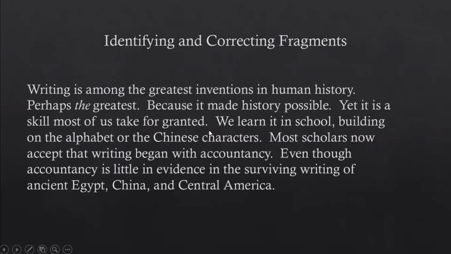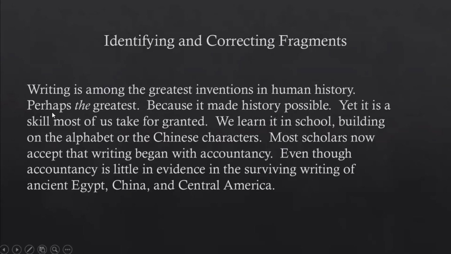That means that that clause that we're looking at here, because it made history possible, that's a dependent clause. And by definition, a dependent clause has to be connected to an independent clause. Okay, so the same thing. So you would turn that period into a comma, and because it made history possible, you would connect. And so your first sentence becomes, writing is among the greatest inventions in human history, perhaps the greatest, because it made history possible.